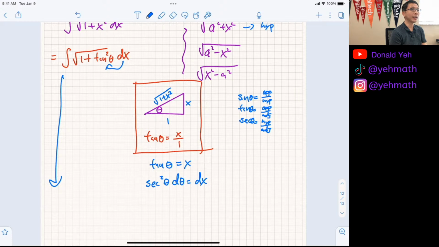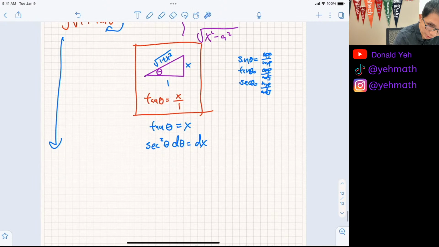I think Miss Num was saying that you cannot take an integral of something with two different variables. You have a d theta, or you have an x, or you have a theta, but you don't have a dx. You want to make sure you convert the x and the dx to theta and d theta.